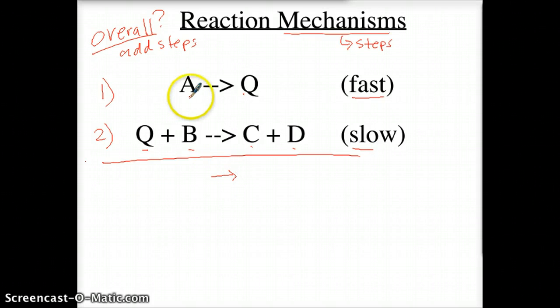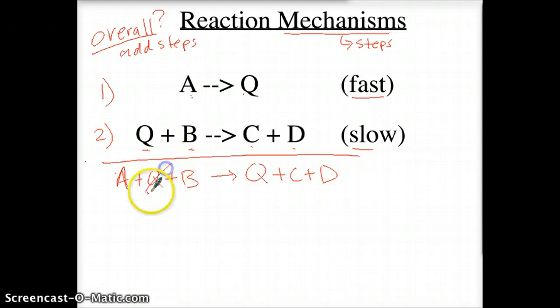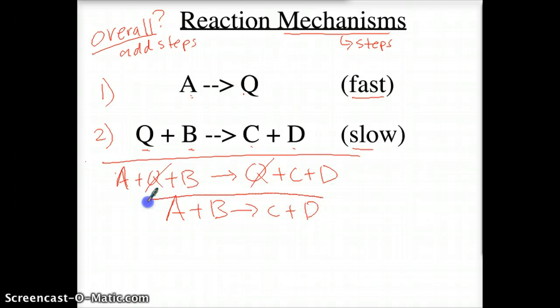On my reactant side, I have A, Q, and B, so it's A plus Q plus B. Now on my product side, I have Q plus C plus D. Now it's kind of like when we were doing net ionic equations. Does anything cancel? Do we have anything on both sides? The Q's do. So what we're left with is A plus B forms C plus D. So this would be the overall reaction.